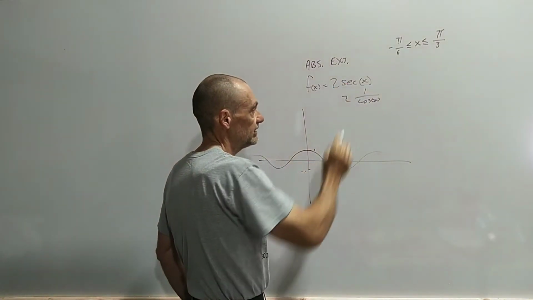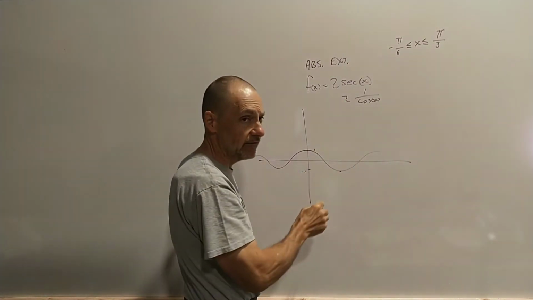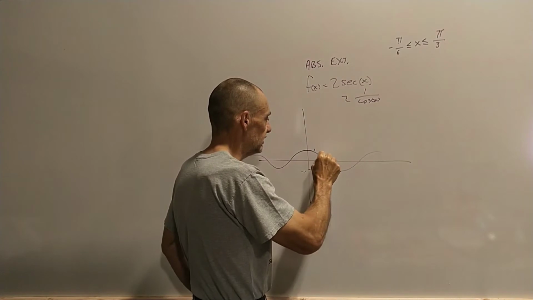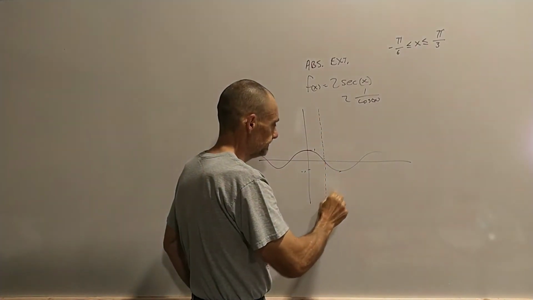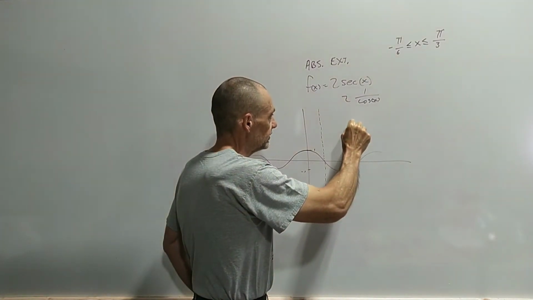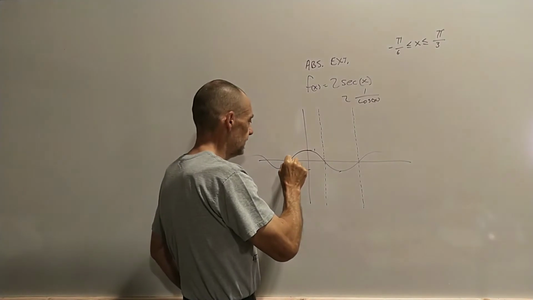Now, since secant x is 1 over cosine x, anywhere cosine x is 0, secant x is going to have a vertical asymptote. So secant x is going to have a vertical asymptote here, here, and here.